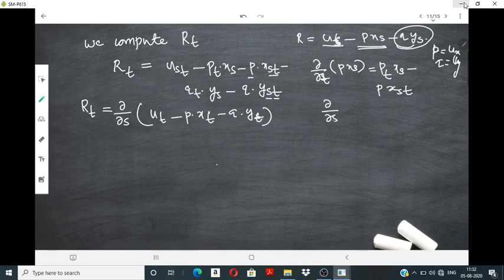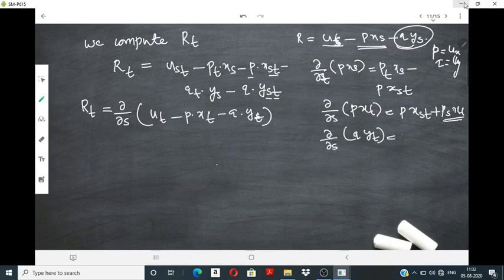But we know dou by dou s of p x_t is p into x_st plus p_s into x_t, and dou by dou s of q y_t is similarly q into y_st plus q_s into y_t. So these two terms are missing here, so we can add them too.